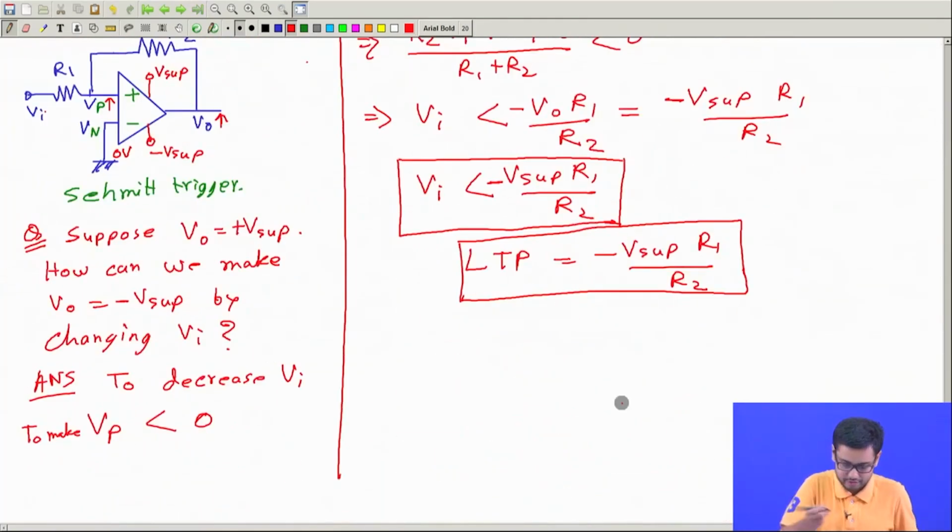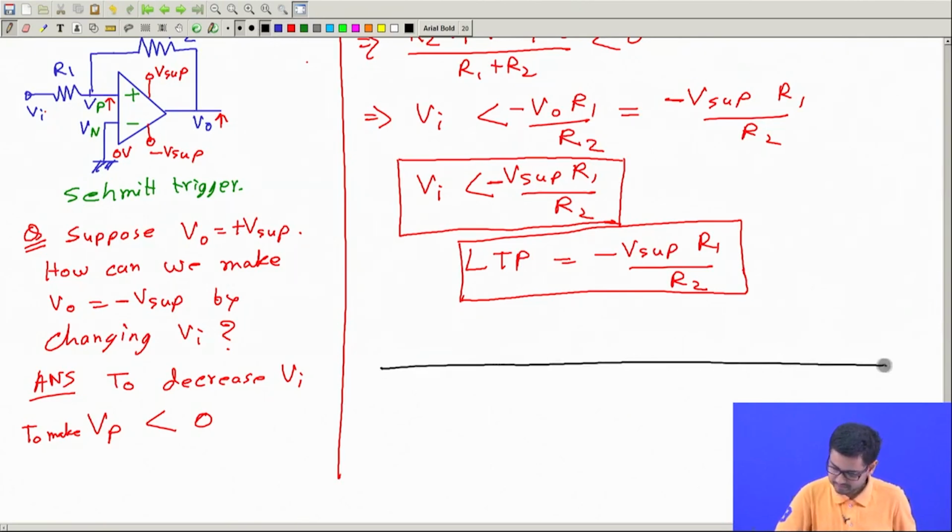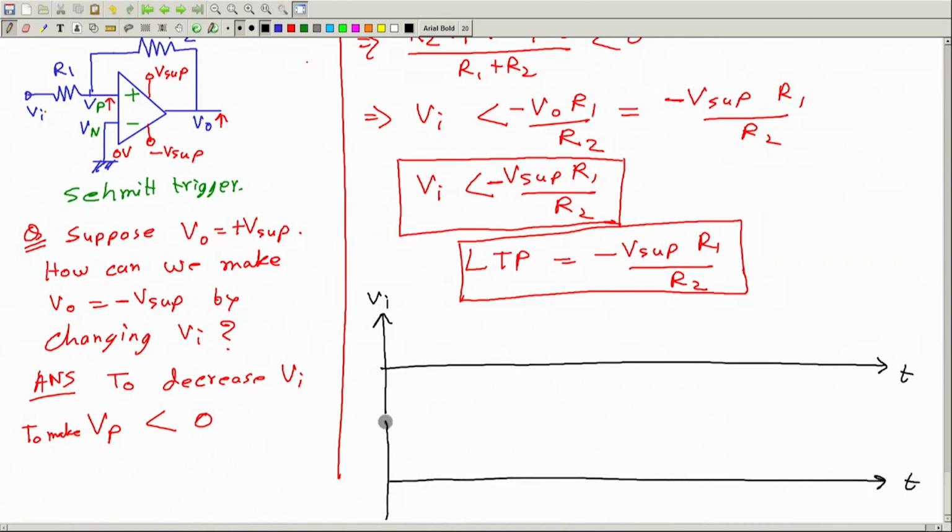Okay. So now you can do a timing analysis. Take time versus Vi and time versus output. Output can be either V supply or minus V supply, and on the Vi axis mark these two values, LTP, which is this, and UTP, which is the negative of this.